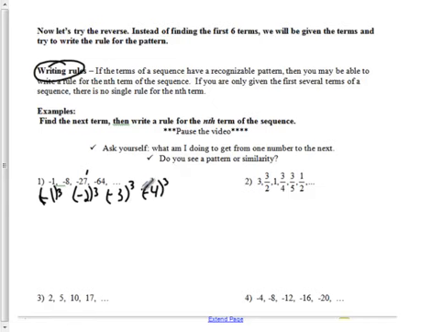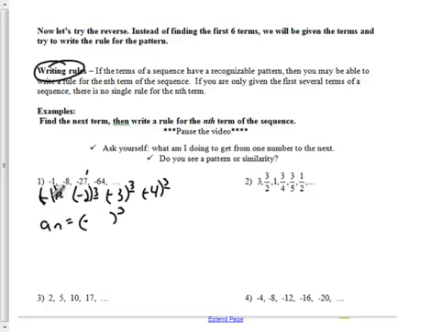So we're going to think about how we write a pattern. So I start with a to the n equals. What stays the same in each one? Well, if you notice, we're cubing all of them. So I'm going to write that at the top. Then I notice that they all have a negative. So I know that stays the same, so I'm going to write that.